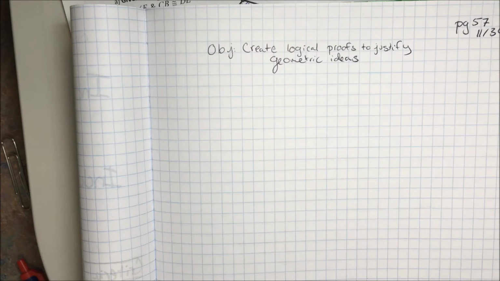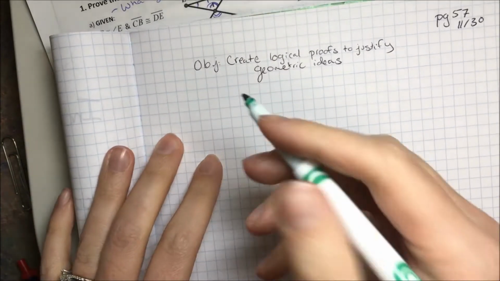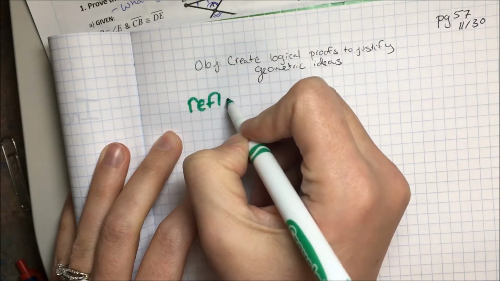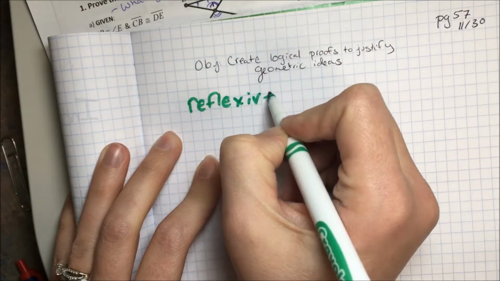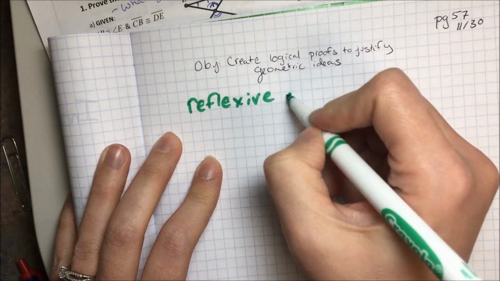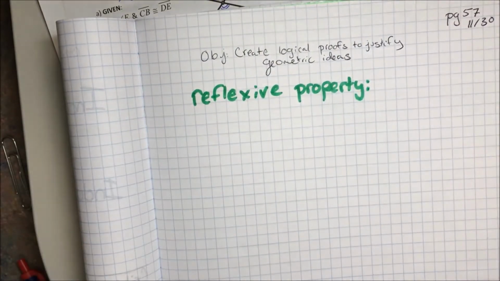And I don't know where my green marker went. Oh, there's my green marker. So we need to know some properties that are going to help us out. The first property that we need to know is the reflexive property. Like reflex, like you hit your knee, reflexive property. Okay?